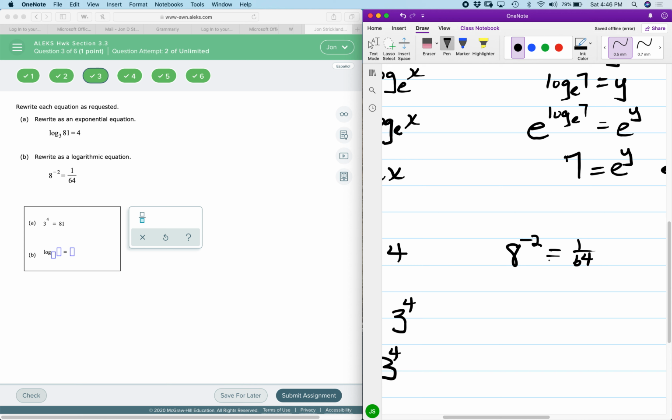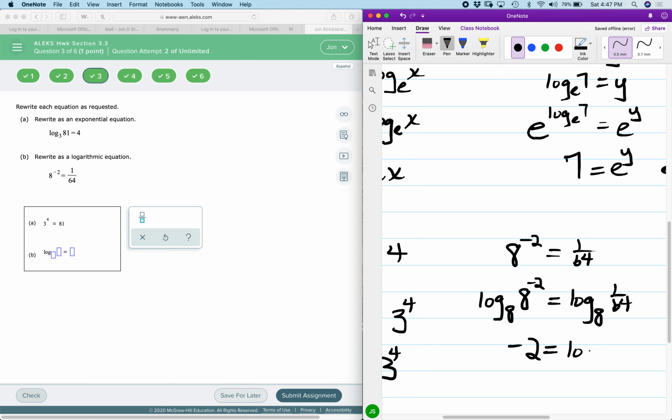If I convert from exponential to logarithmic form, I have 8 to the negative 2, and I can free up the negative 2 by taking the base 8 logarithm of both sides. So I have the base 8 logarithm of 8 to the negative 2, and the left-hand side becomes negative 2.